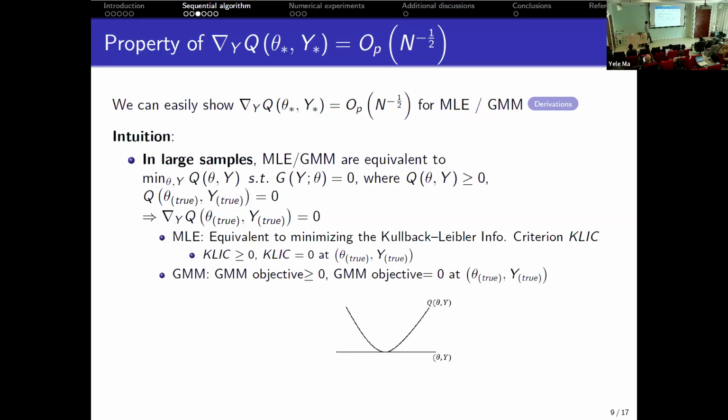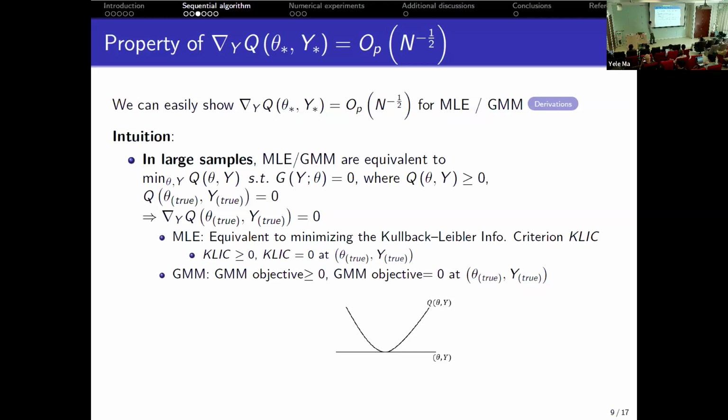And regarding this, concerning the MLE, as is well known, MLE is equivalent to minimizing the Kullback-Leibler information criterion, KLIC, and generally KLIC takes a non-negative value, and the value of KLIC should be equal to 0 at the true value when the model is correctly specified.